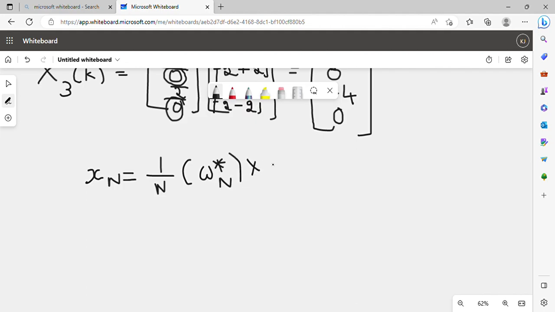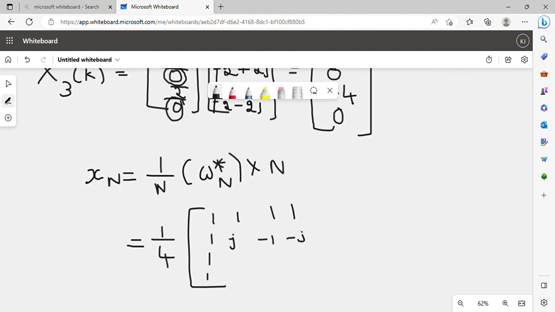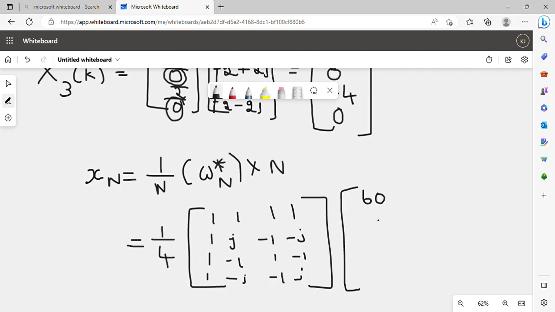So according to my formula, it is 1 by 4 into the matrix I know: 1 1 1 1, 1 j minus 1 minus j, 1 minus 1 1 minus 1, 1 minus j minus 1 j, multiplied by 60, 0, minus 4, 0.